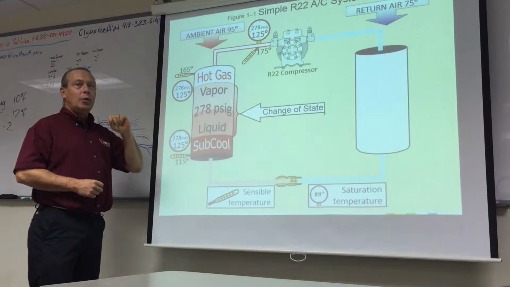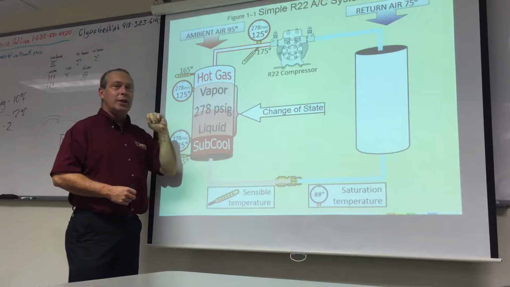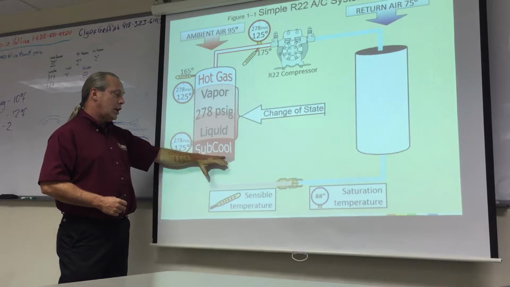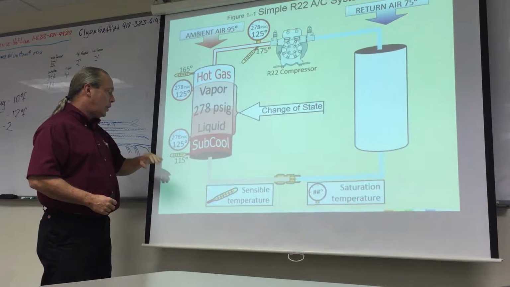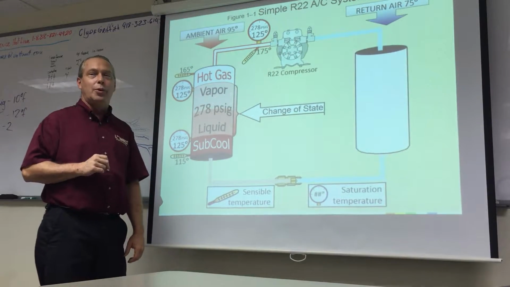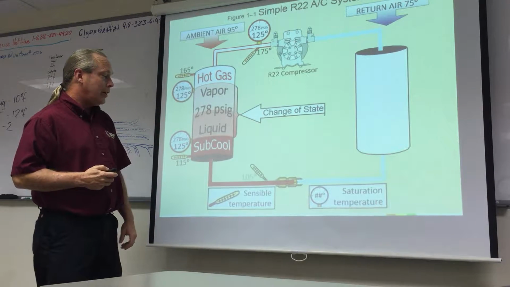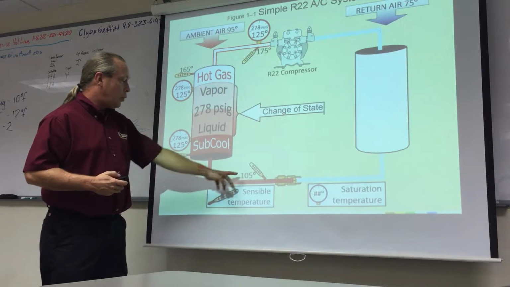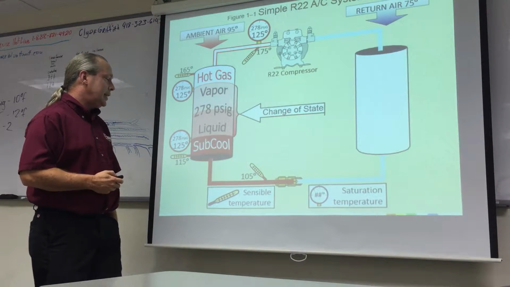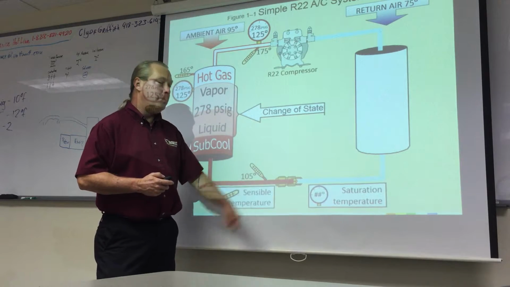And finally, when the last little bubble of refrigerant is gone, it's complete liquid, now we can begin to subcool. We've gone from 125 to 115, that is 10 degrees worth of subcooling, and we move on to the metering device. Now we're at 105, so we've cooled down an additional 10 degrees of subcooling, and we hit our metering device.